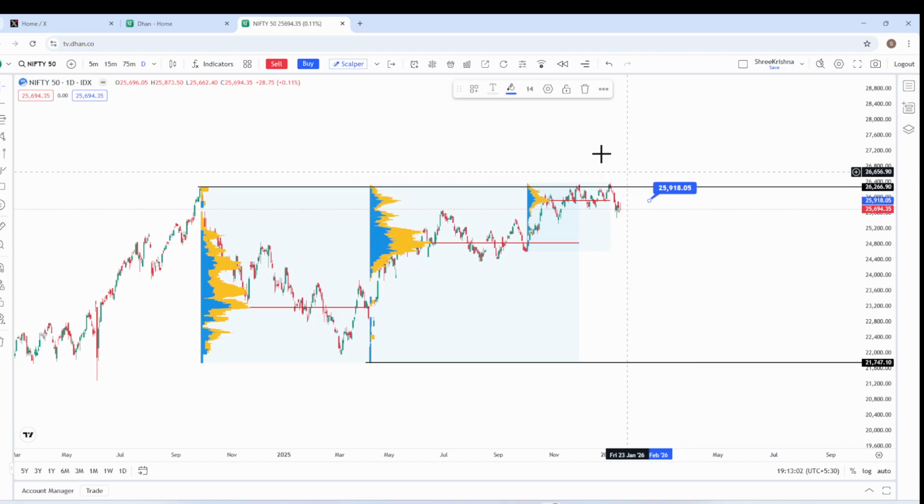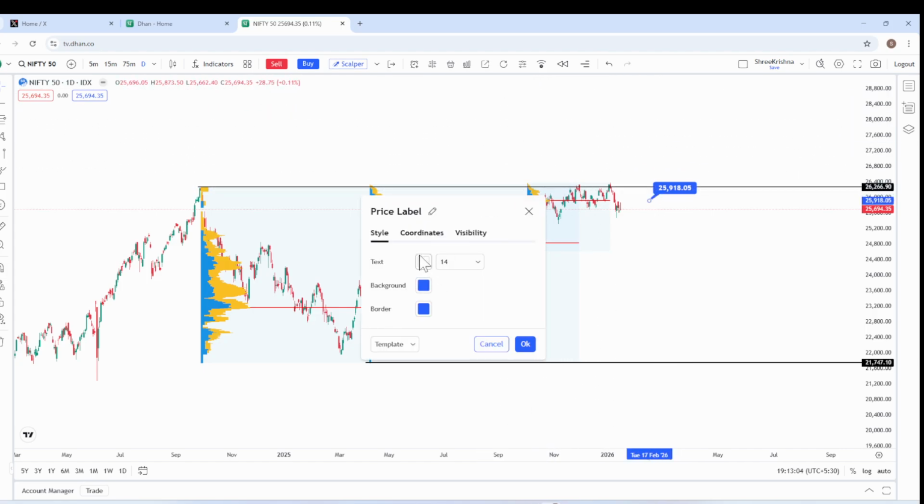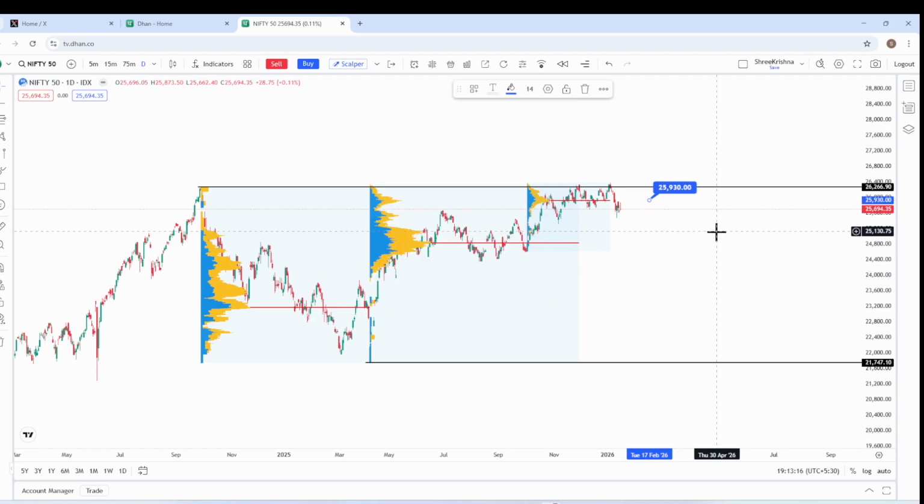930. You can just change it to coordinates. Go to coordinates, 25,930. One second, 930. Oh, I'm very sorry. This is one of the coordinates. So this coordinate is 25,980. I have paused it, and the next coordinate is this one, 24,840.